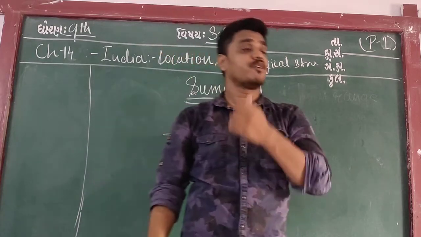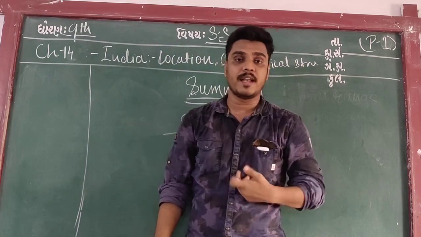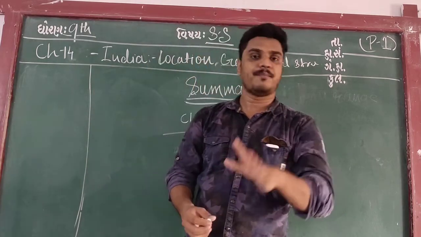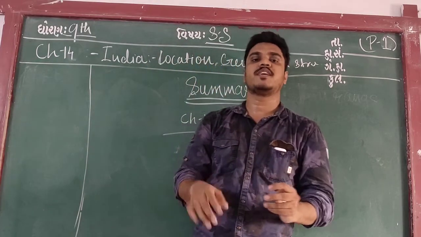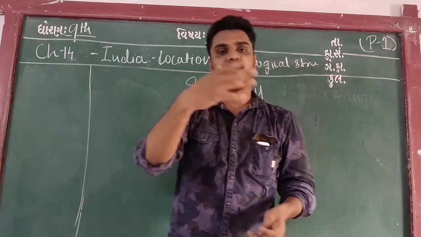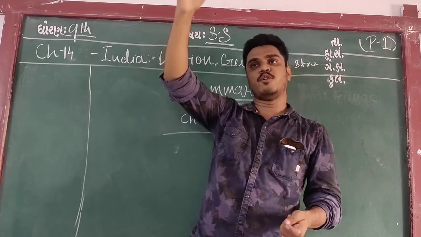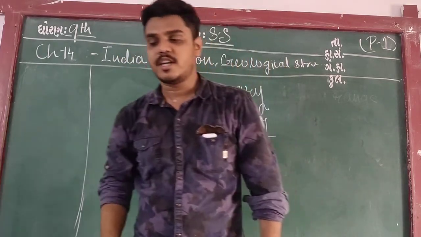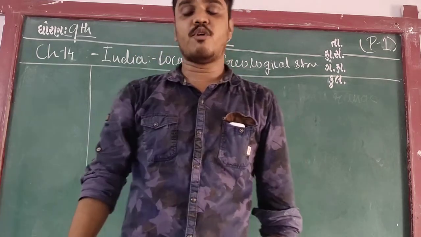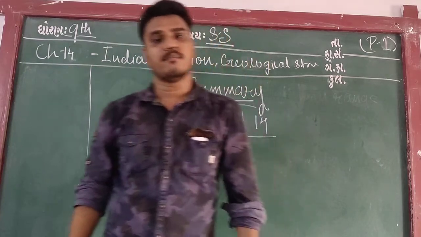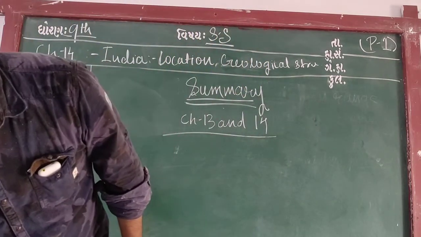Of the Himalayan system, only 10-20% is in India, and the remaining belongs to Myanmar, Bhutan, Afghanistan, and others. Also, we discussed that there are 7 types of plates, like the Pacific plate, and more.